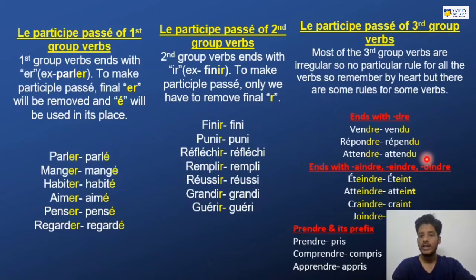Number one. There is another kind of DRE ending. What is the spelling? Either AINDRE, EINDRE, or OINDRE. If the sound is the nasal sound, then it won't follow the first rule, like DU.